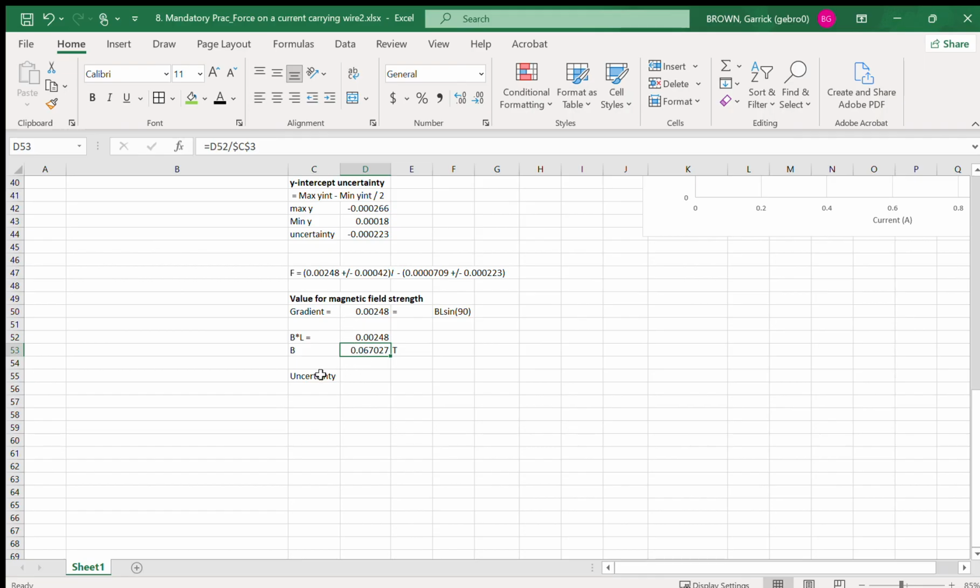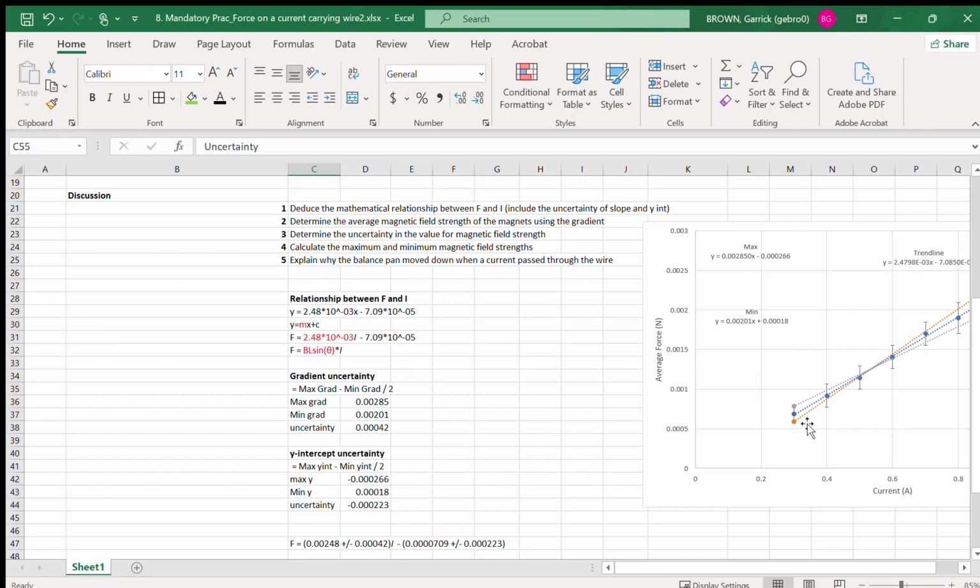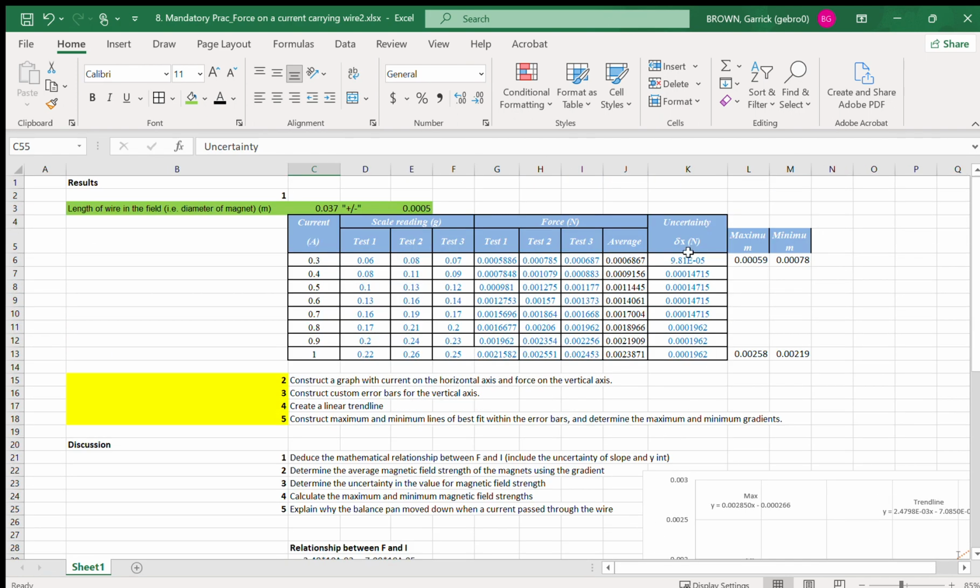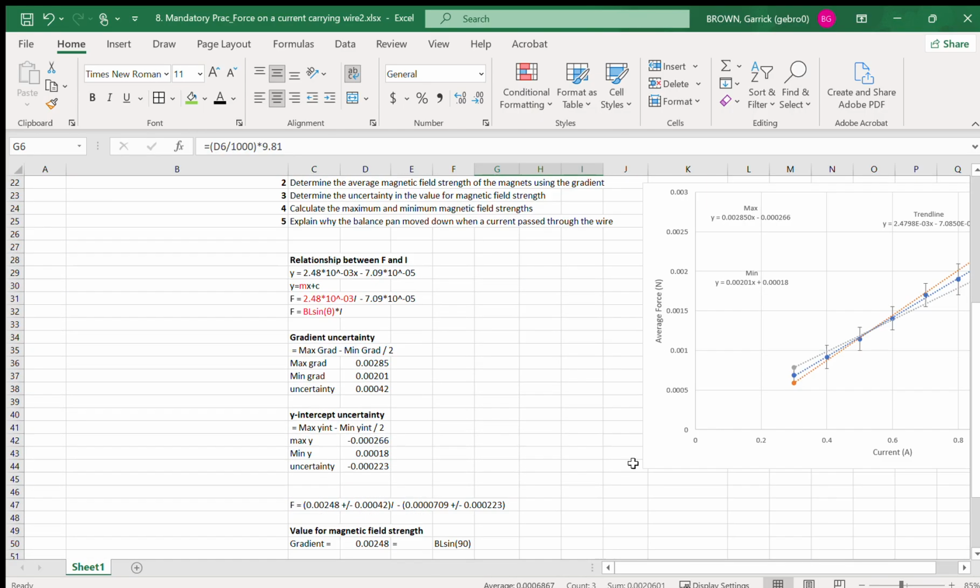Now, that value is not perfect because we see here there is uncertainty in our experiment. You can see all the way back up here we have uncertainty within our experiment. In our trial values there is a range, and therefore that propagates all the way throughout the experiment.